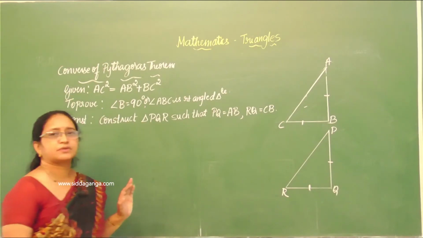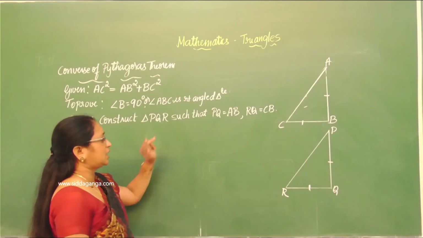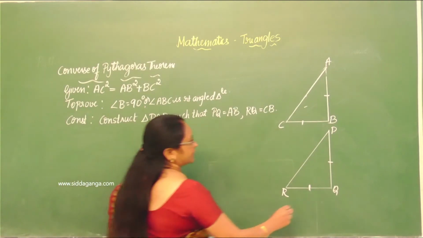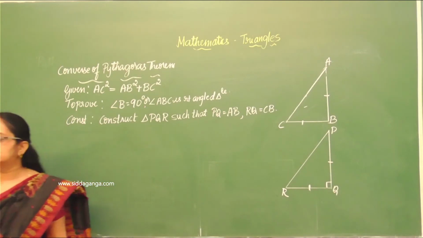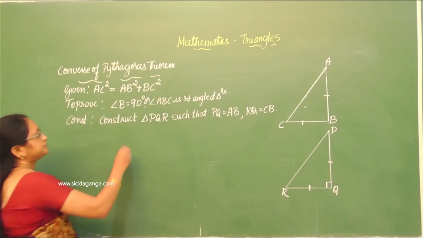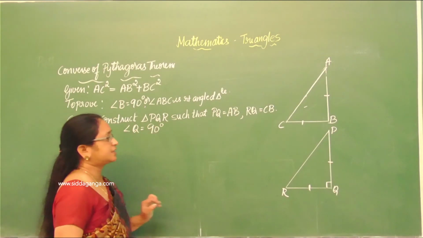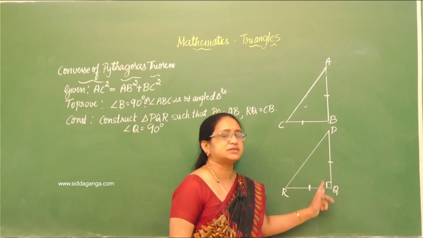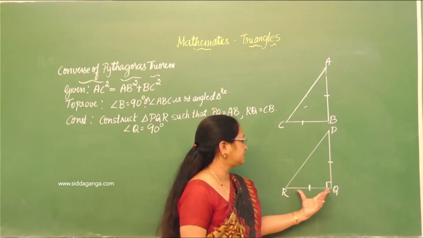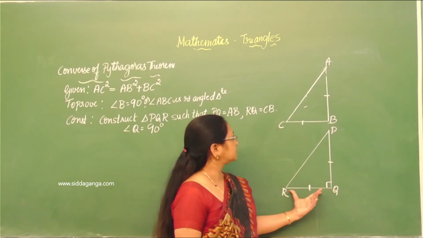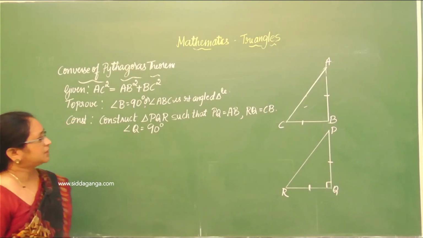Okay, I'll construct a triangle PQR such that, and also very important, this is a right angle triangle, with angle Q equal to 90 degrees. So I am taking another triangle which is a right angle triangle, and also AB is equal to PQ and QR is equal to BC.